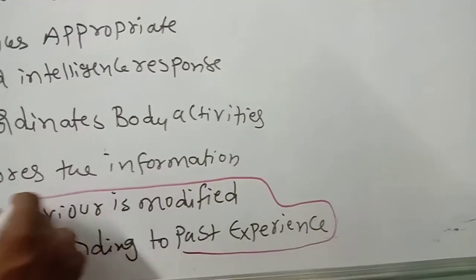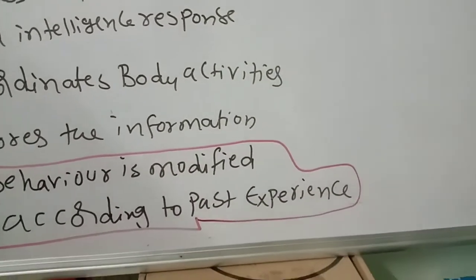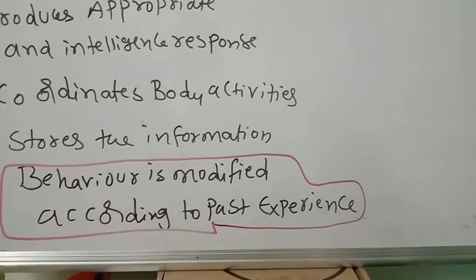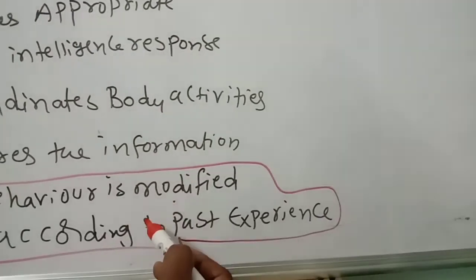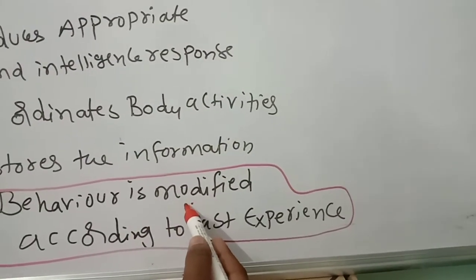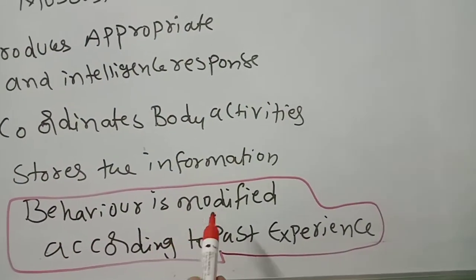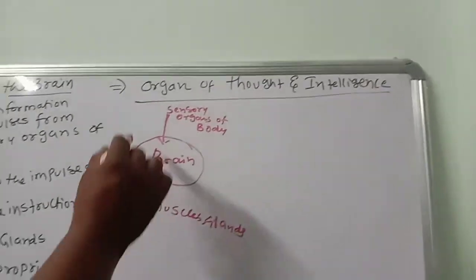How will our behavior be changed? According to the past experience, our behavior will be modified. That process is also under the control of our brain. These are all the functions the brain is doing.